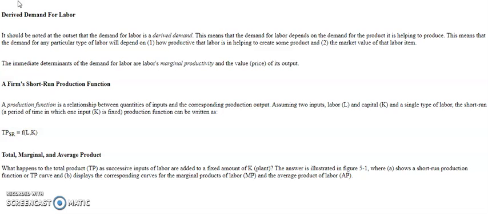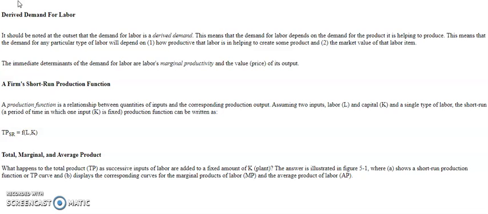The demand for labor depends on the demand for the product. If the product demand increases, the demand for labor also increases. This means that demand for any particular type of labor will depend on, first, how productive that labor is in helping to create some product, and second, the market value of that labor. Demand for labor depends on two things.